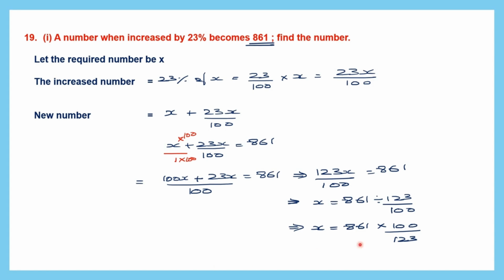Now we have to cancel and reduce here. Both these are divisible by 3, and then you continue to divide. You will find that this and this get cancelled and you get only 7 and 1 here. Now when you multiply, x is equal to 7 into 100, which is 700. So the required number is 700. This is our answer.